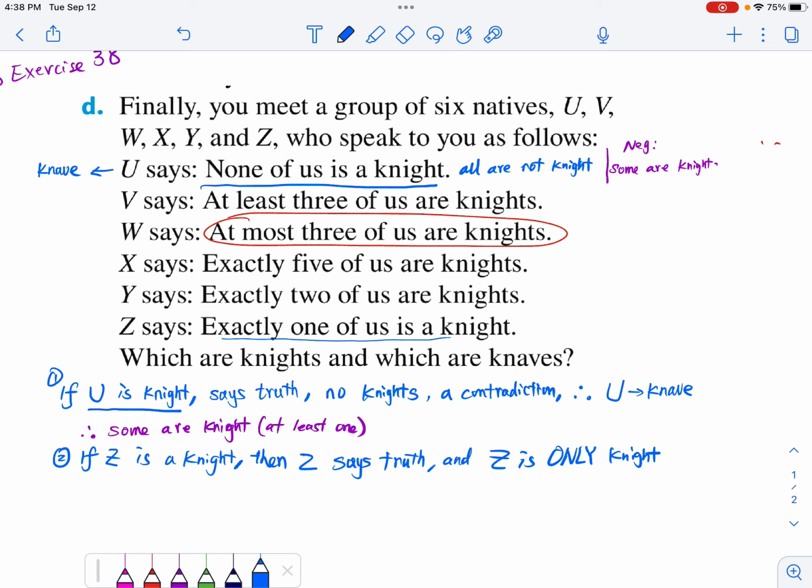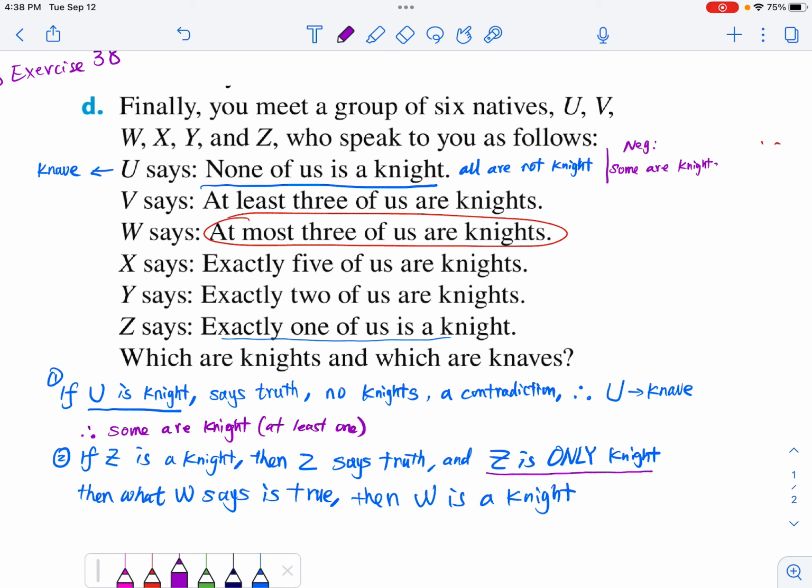So in other words, what W says is true. When someone says the truth, W is a knight, right? Do you feel that there's a contradiction now? Because Z is the only knight, now you derive that W is another, different knight.